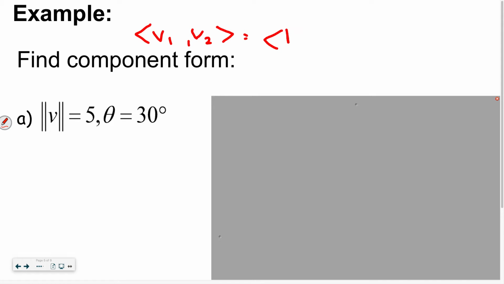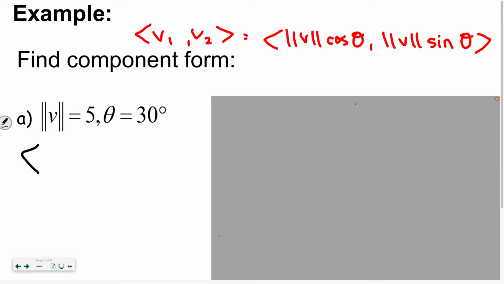And we just said if we had magnitude and direction angle, we could get v sub 1, v sub 2 through trigonometry. Magnitude times cosine, magnitude times sine. So now I have what I need. I just plug them in. What will that be? 5 cosine 30, 5 sine 30.